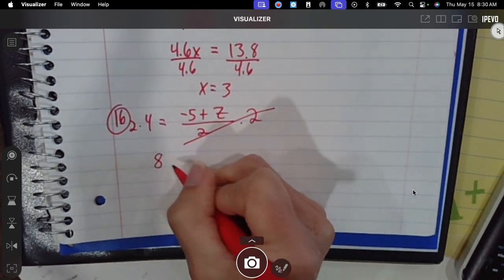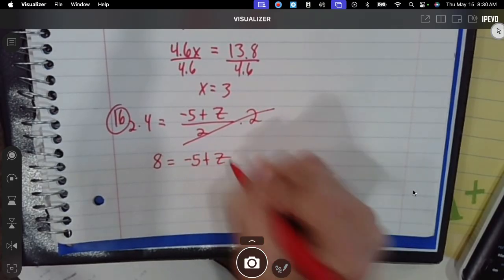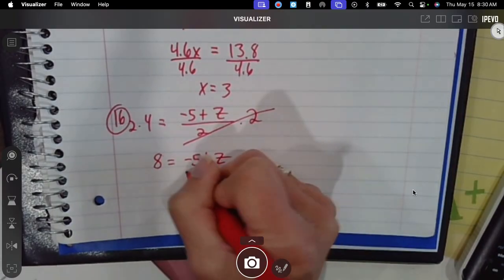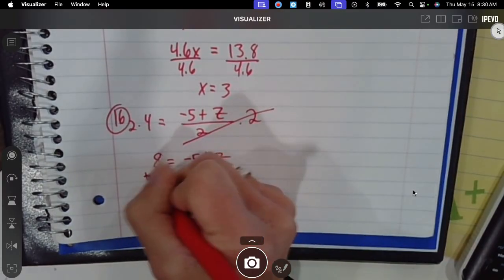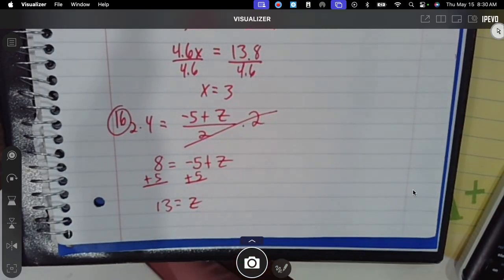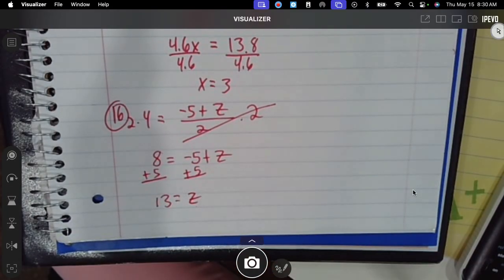So I have 8 equals -5 plus z. Then what do I do? Add 5. What's 8 plus 5? I believe it's 13. Z is 13. You could have done plug and play as well. You've got all the answers listed right here. Plug them in and see which ones work. That's another way.